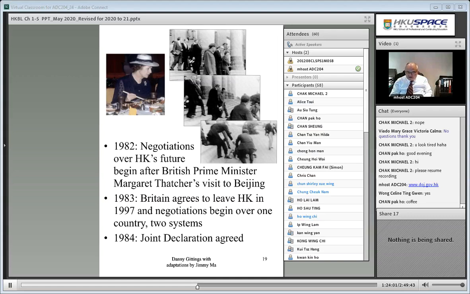But in any event, in 83, they started negotiation over one country, two systems, and that ended in having a joint declaration concluded in 1984.